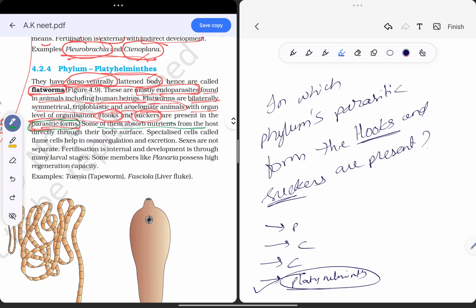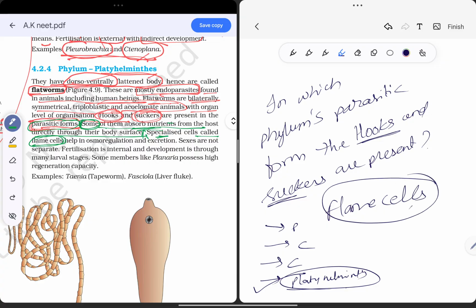Some of them absorb nutrients from the host directly through their body surface. Not all of them, but some of the Platyhelminthes can absorb nutrients directly from the body surface. The important point is specialized cells called flame cells. Flame cells are present in the Platyhelminthes, which help in osmoregulation and excretion.